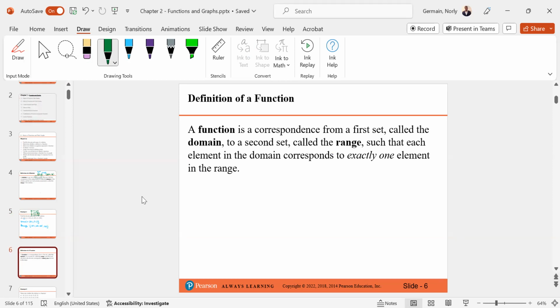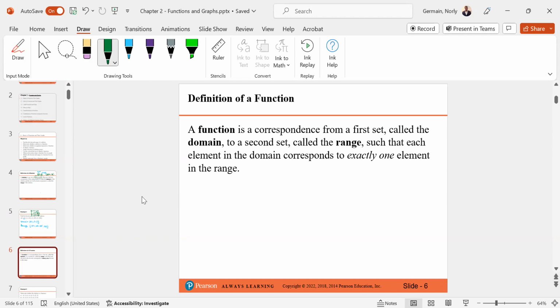As we said, a relationship in which each member of the domain corresponds to exactly one member of the range, we call it a function, right? That's very important. For example, you can see each first component in the previous example corresponds to exactly one component in the second set, okay?